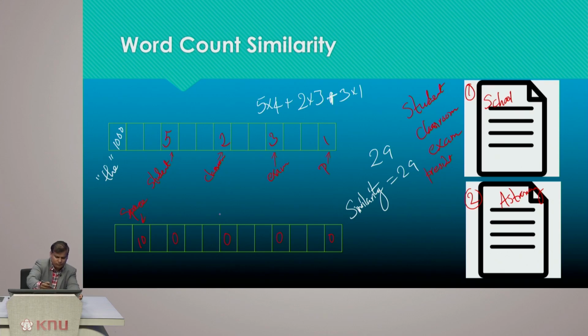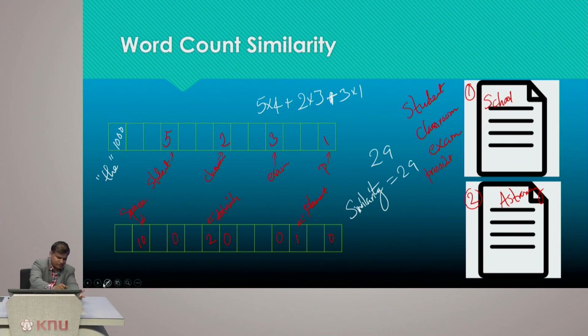Other words like asteroid may appear 2 times, maybe planet appears 1 time. If you find the similarity between these two, actually the similarity is going to be 0.